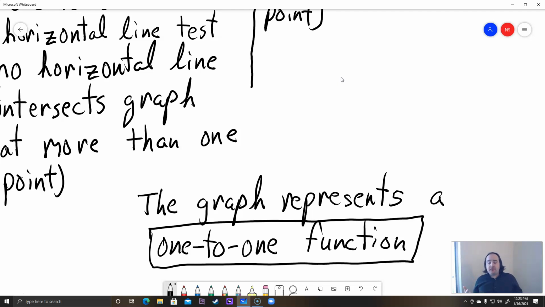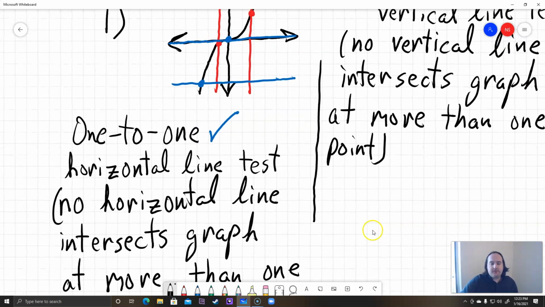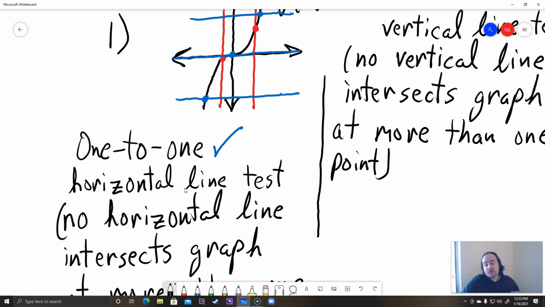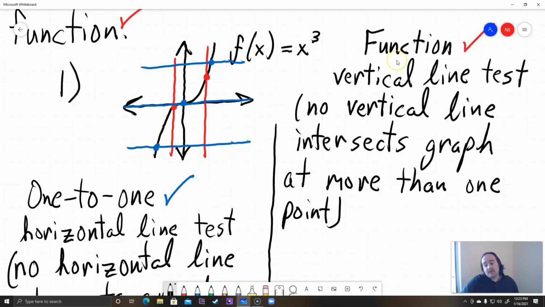And if you fail either of those tests, you are not a one-to-one function. So for example, if you fail the horizontal line test, that means you're not one-to-one. And if you fail the vertical line test, that means you're not a function. Okay?